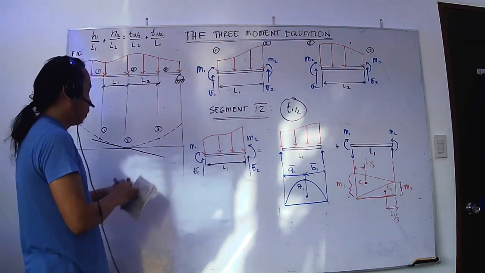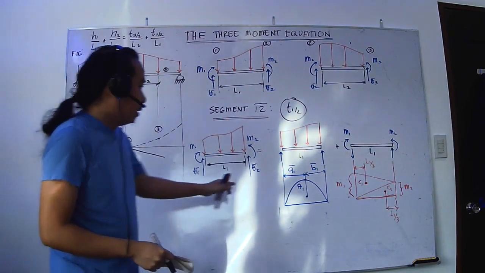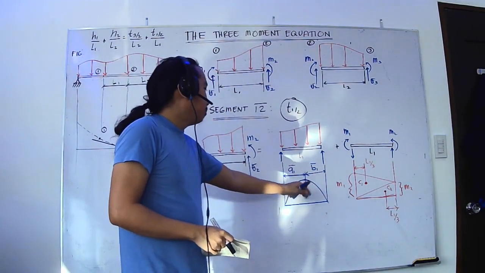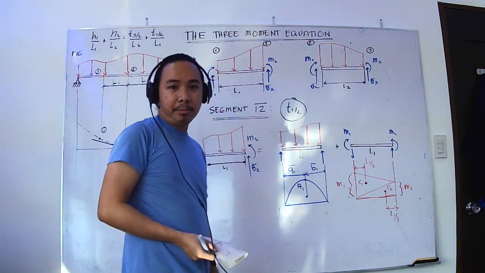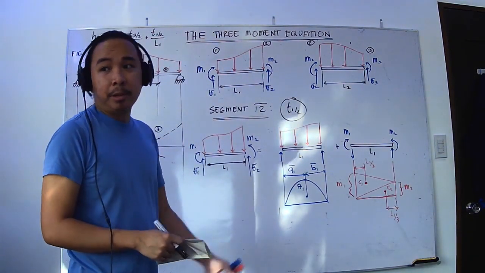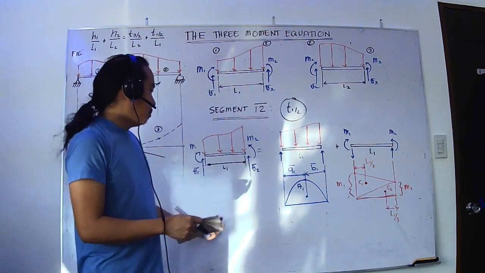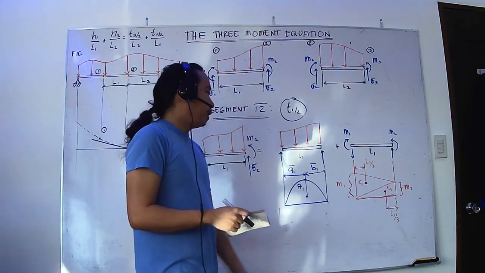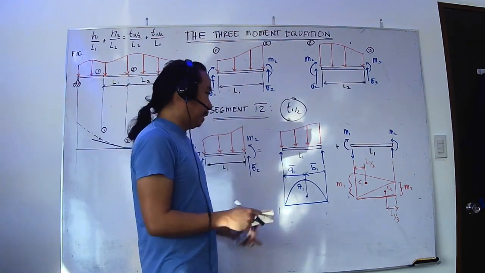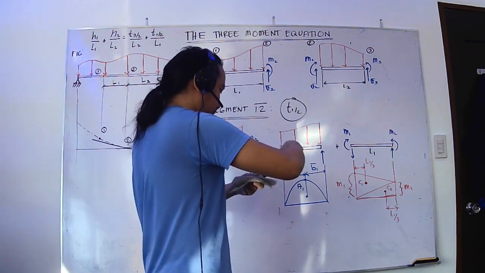From what we know of the area moment theorems, it's just the area of the moment diagram multiplied by the moment arm. Whenever we're computing for deflection in conjugate beams, go for the M over EI diagram. Sorry, M over EI diagram. So I have to divide everything by EI, okay?